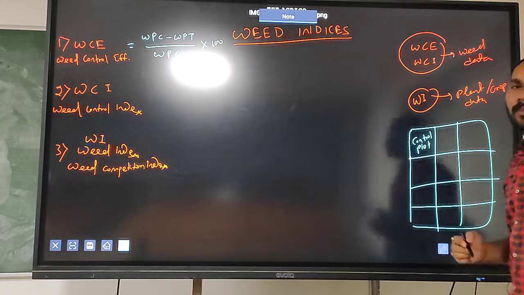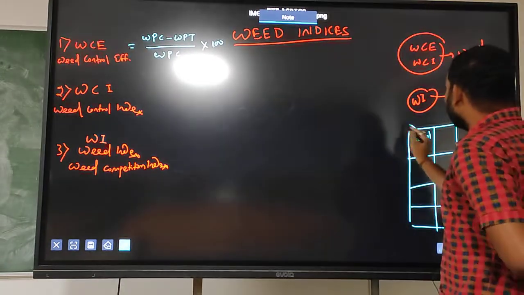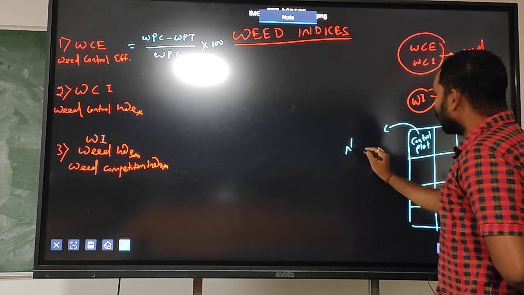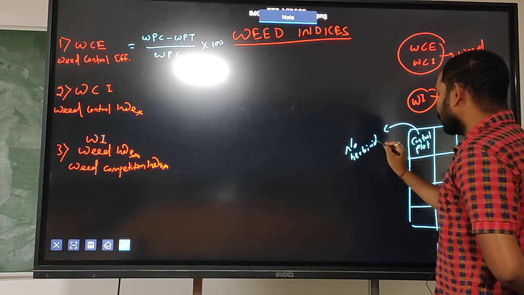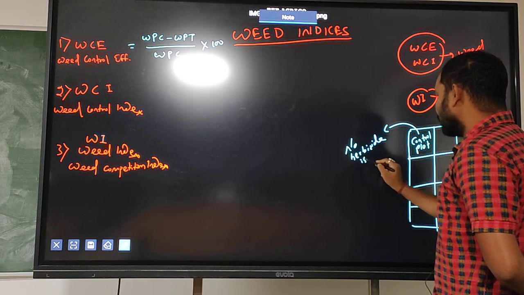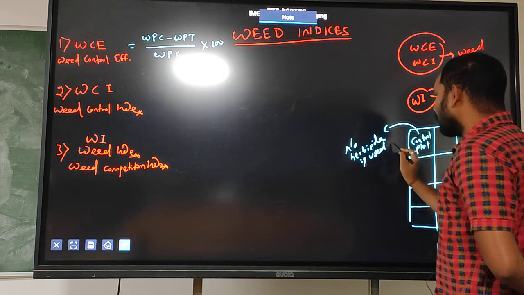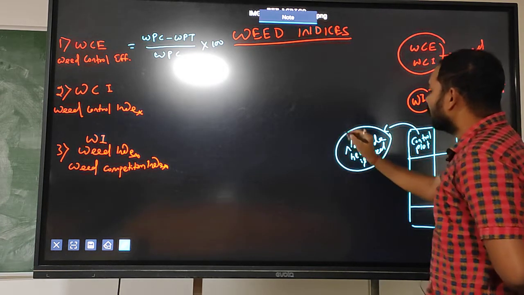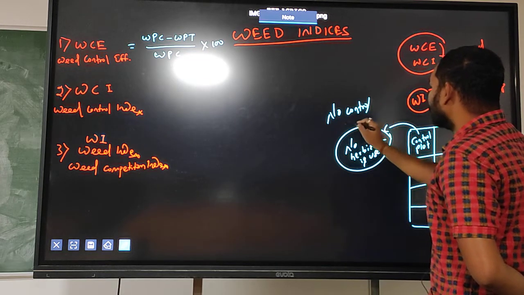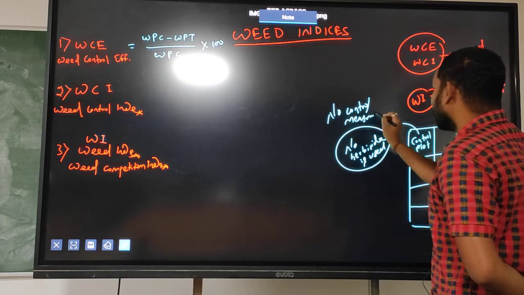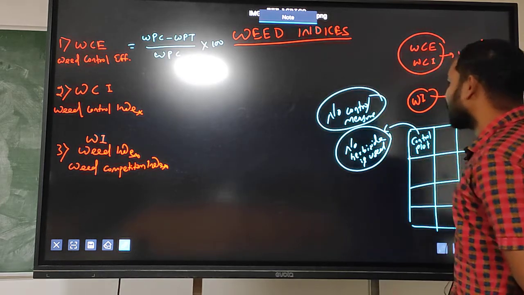What do you mean by control plot? Control plot means where no herbicide is used, or no control measure is taken. This is known as the control plot.